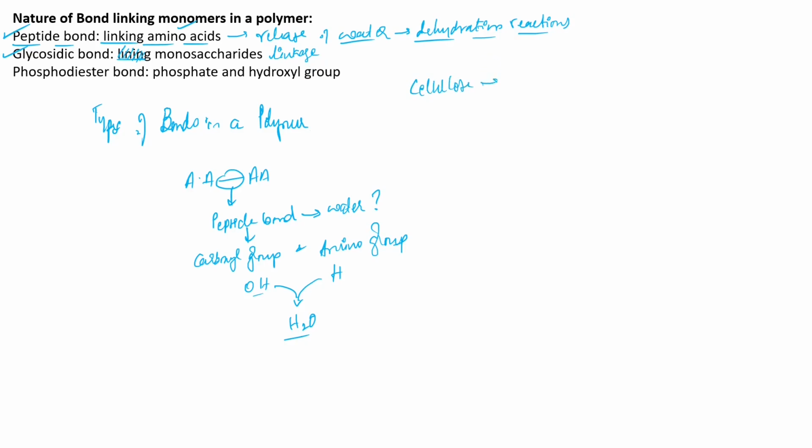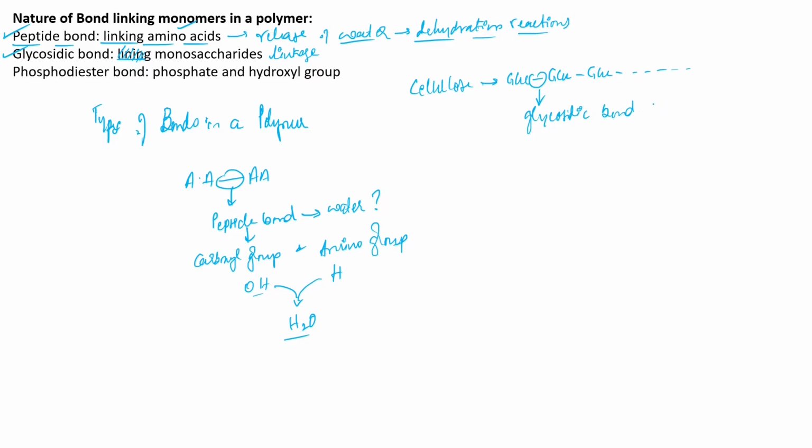In cellulose, we said that I will take one glucose molecule and attach it with another glucose molecule, then take another glucose molecule and so on. Here the line that I have represented is the glycosidic linkage, or glycosidic bond.